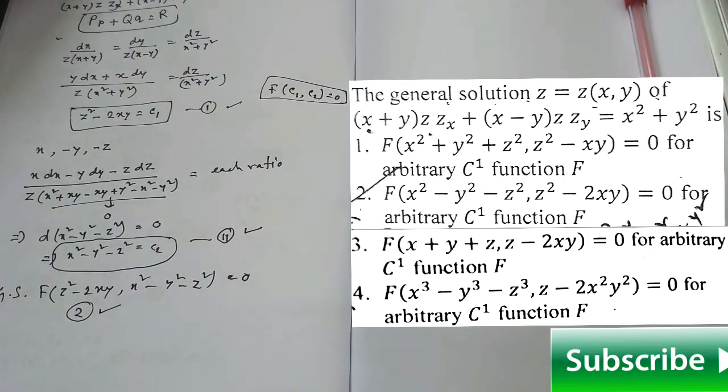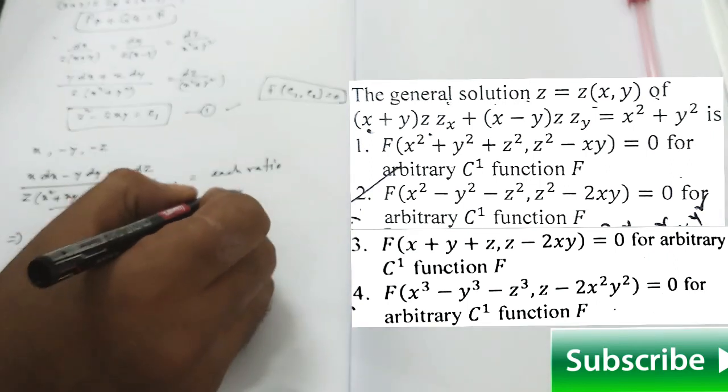Now observe the rest of the three options. In the first option, they have mentioned some arbitrary function f of x square plus y square plus z square, minus z square minus xy. We will not consider even z square minus xy, but observe that you will never get any relation like this one.